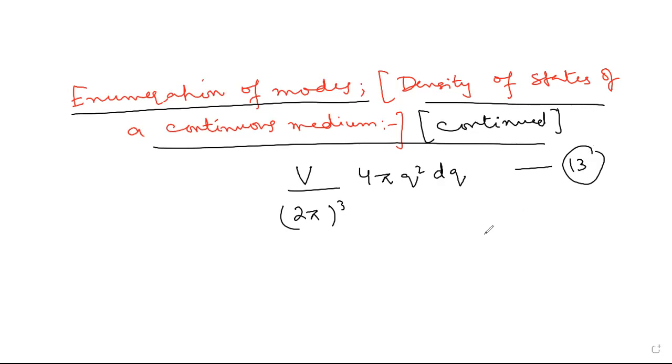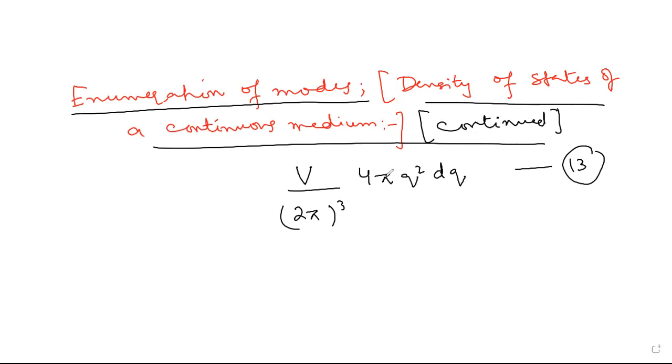You know, V is the volume of the sample. What we are trying to do is, we solved for the density of states function for the one-dimensional case. Now we are trying to find the same function for the three-dimensional case. For that, in the last lecture, for simplicity, we considered a cubic sample of edge length L. V is the volume of the sample, and q is the wave number.